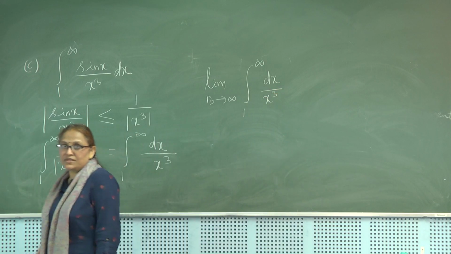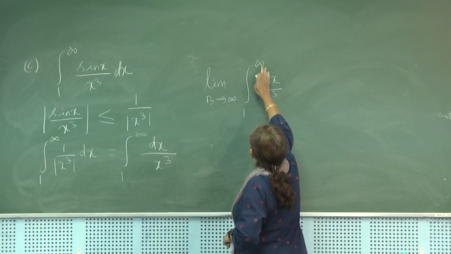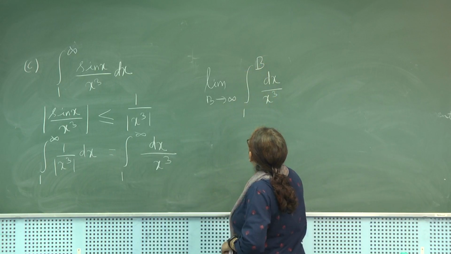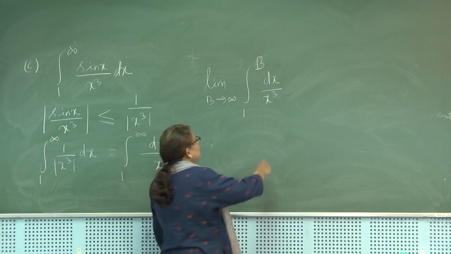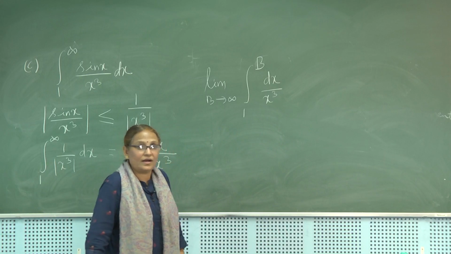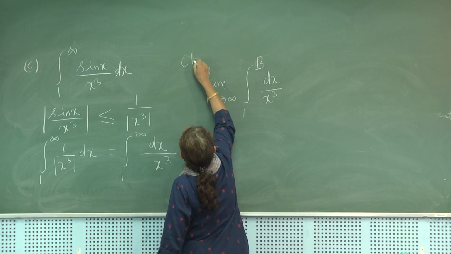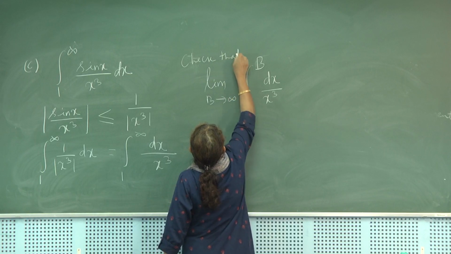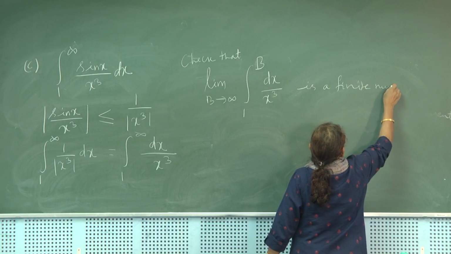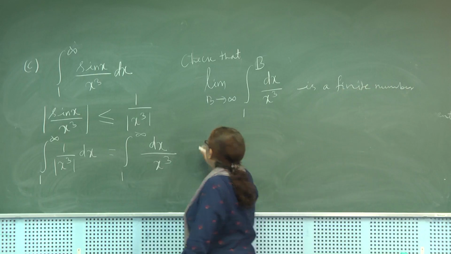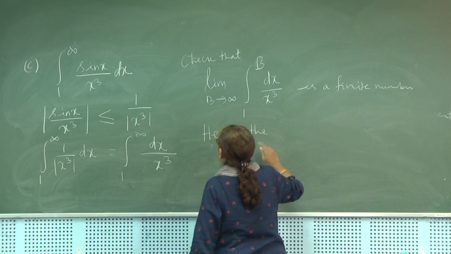So, by the direct method we can find the value of this integral from 1 to b dx by x cube, and this is a finite number. You check that this is finite, and hence we get that the given improper integral is convergent.